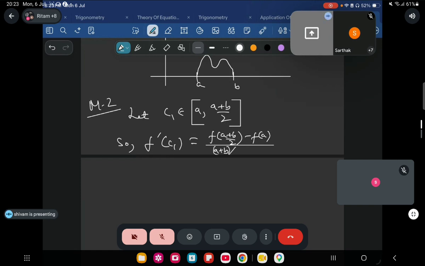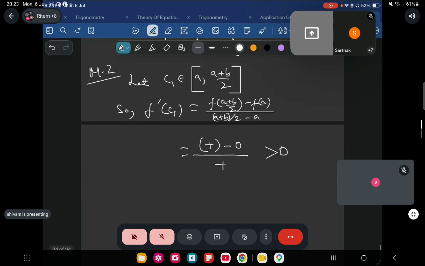In the numerator, this is positive minus f of a is 0, divided by (a+b)/2 minus a, which is of course greater than 0. So denominator is also positive, right? So we are getting f dash c1 is greater than 0.